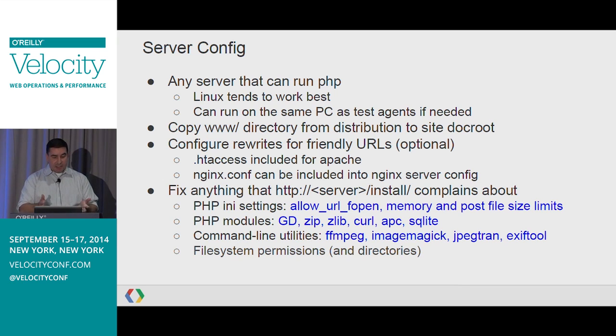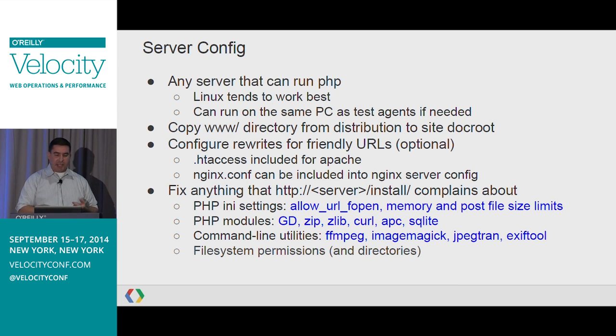And as far as the install goes, you pretty much just copy the distribution, the www directory from the distribution, up to the server, and then point the server. So if you're on Apache, there's an htaccess included with the distro that does the rewrites for friendly URLs, which is really all the htaccess does. And it'll work without it.